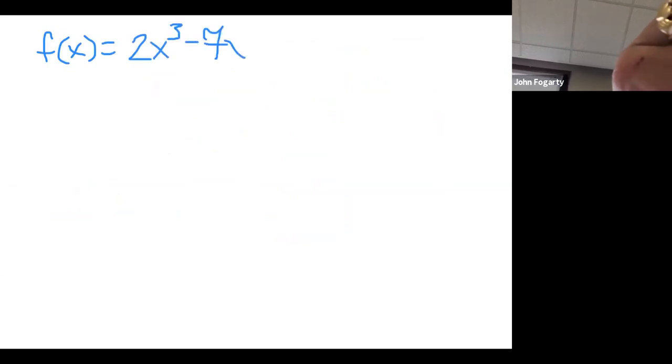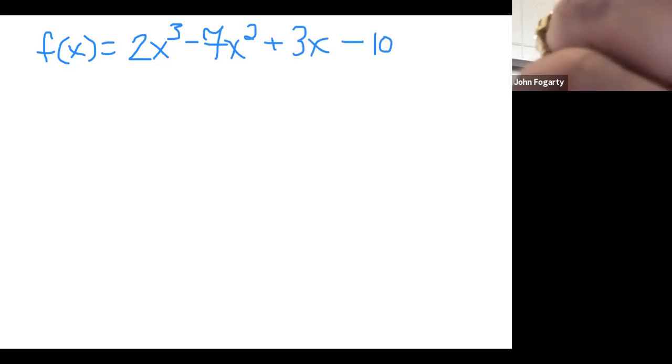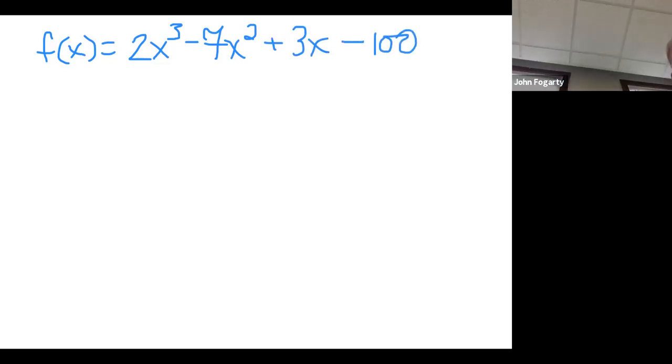So I gave you something that looks like this. f of x equals 2x to the third minus 7x squared plus 3x minus 100. All righty.